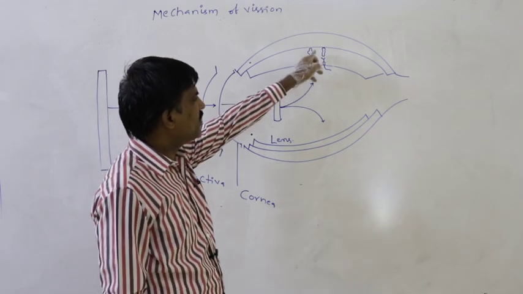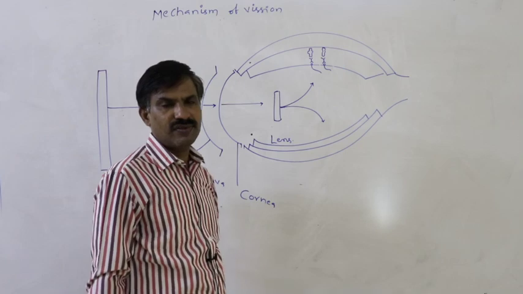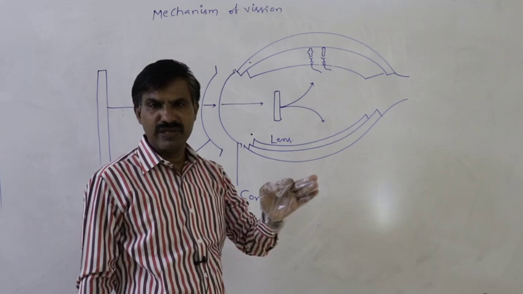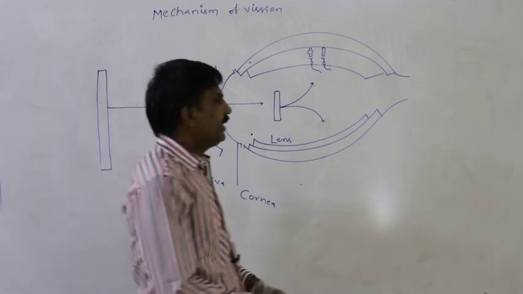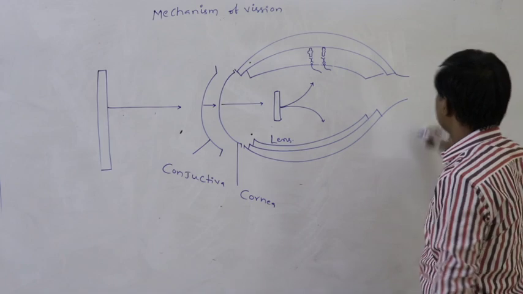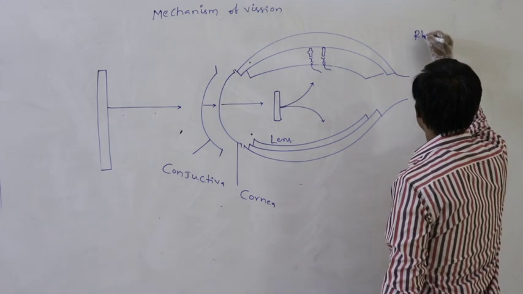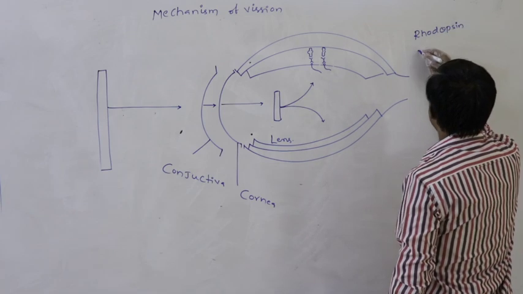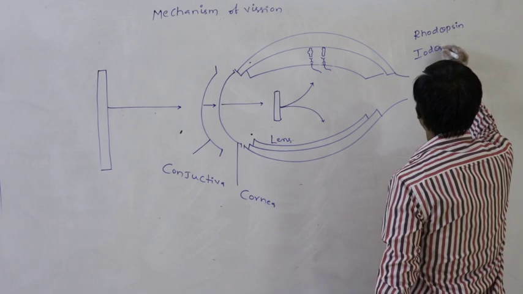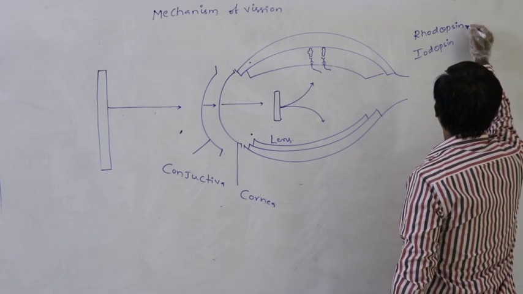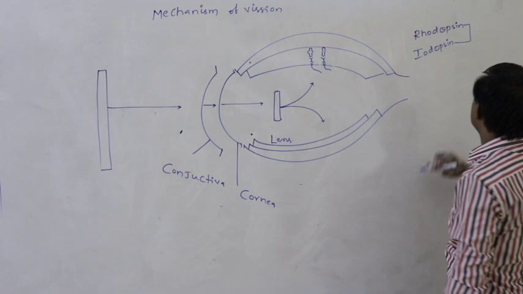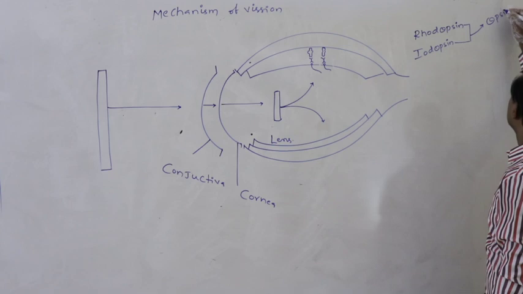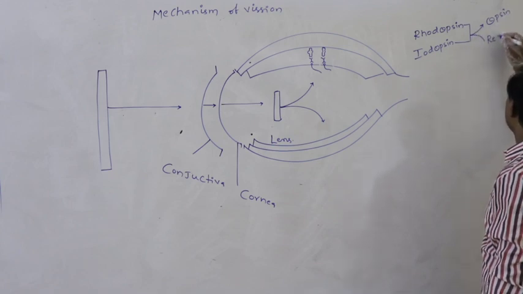Whenever that light reaches the photoreceptor cell, photoreceptor pigments are present. In the presence of that light, the photoreceptor pigments, that is rhodopsin and iodopsin, are at first dissociated into opsin and retinol.